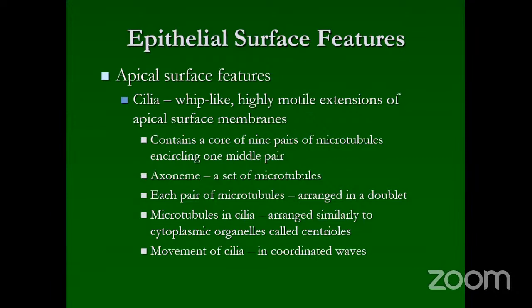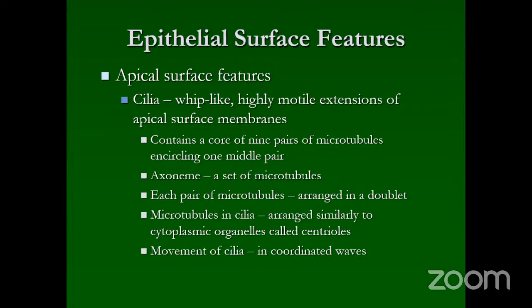And this center portion is called the axoneme. I will show you the image. Each pair of microtubules is arranged in a doublet, meaning 2 are present. The microtubules in the cilia are like centrioles. The way centrioles look in the cytoplasm, in the same way these microtubules are arranged in the cilia.